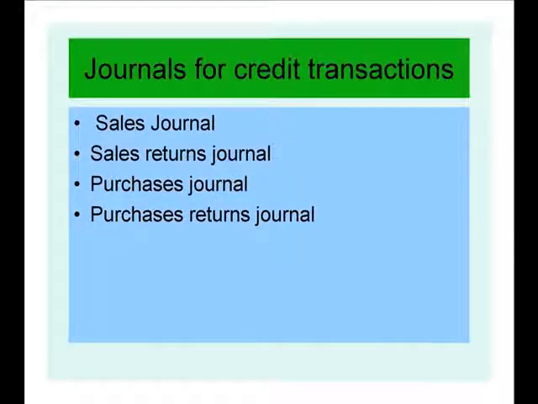In large businesses, the cash payments journal consists of a number of columns to record frequently occurring transactions. Journals for credit transactions is the next item: sales journal, sales returns journal, purchases journal and purchases returns journal.